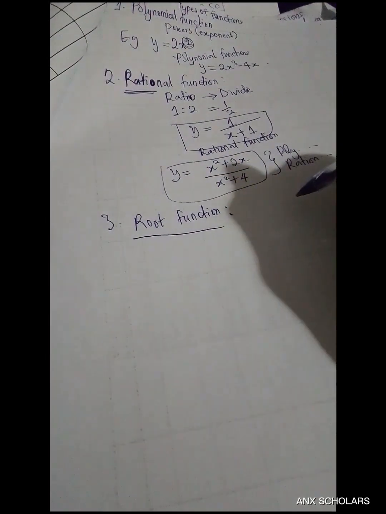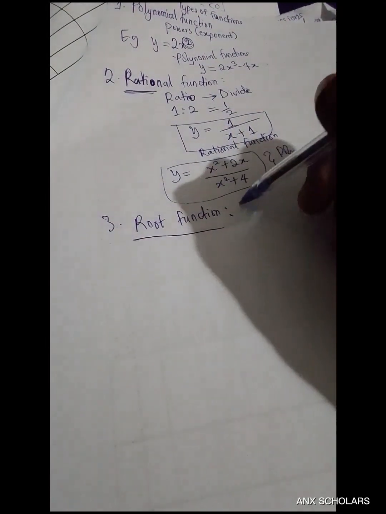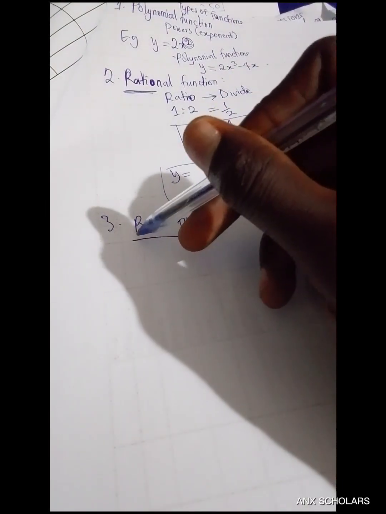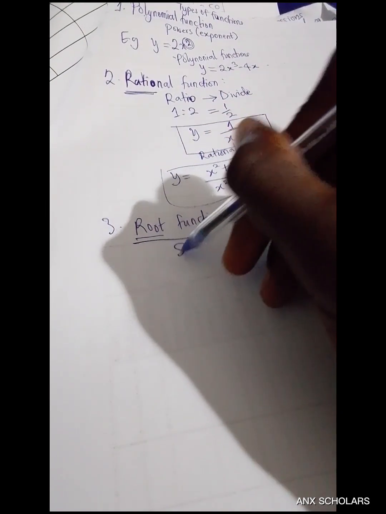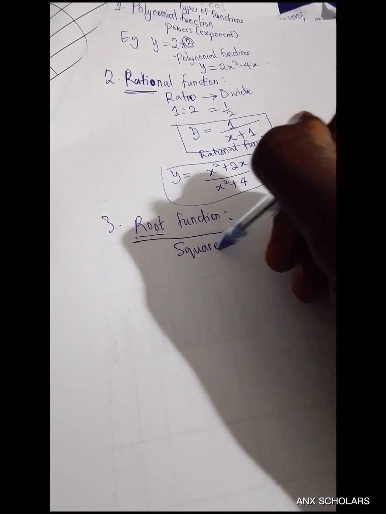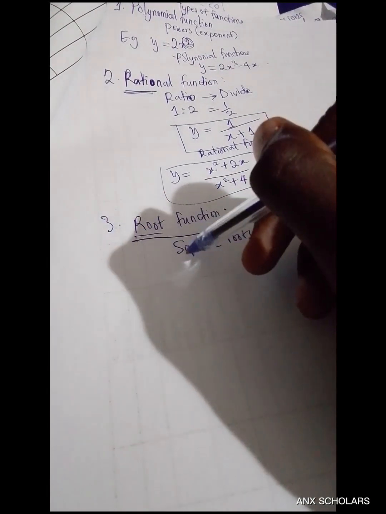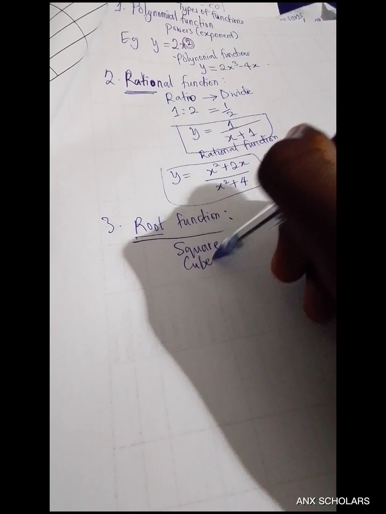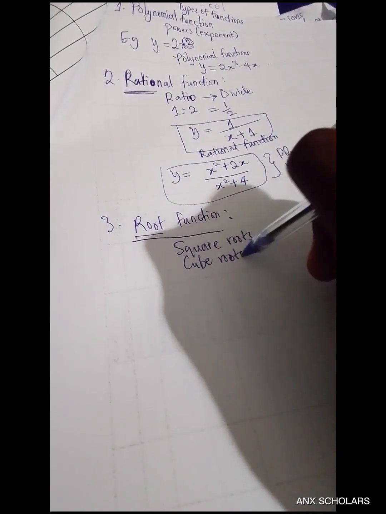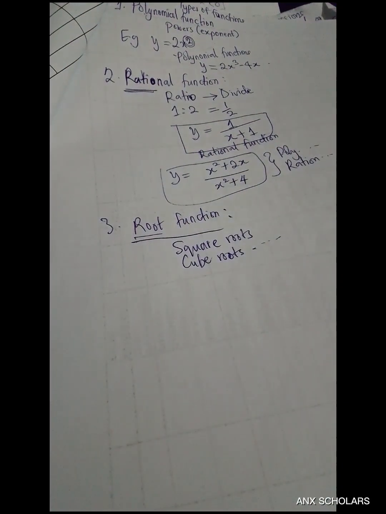Okay, so root functions, from the word root, when you see the word root, you just remember, oh yeah, square root. We have cube root and the rest of it.